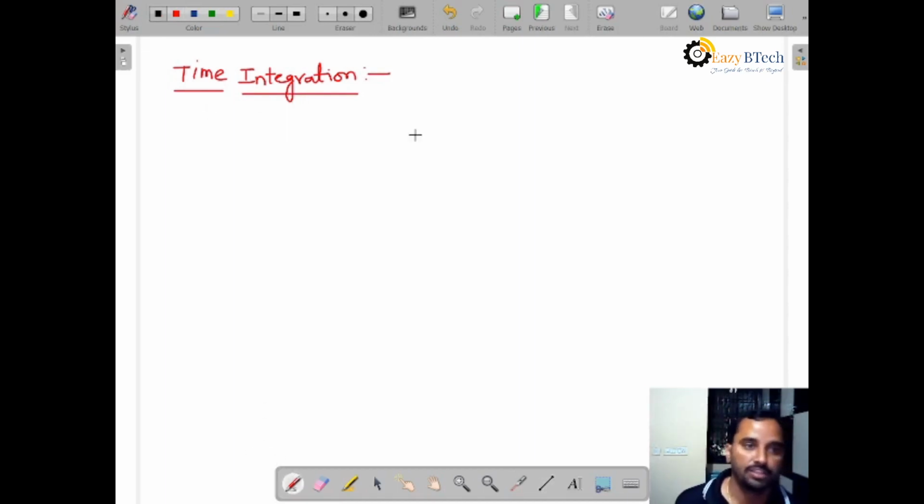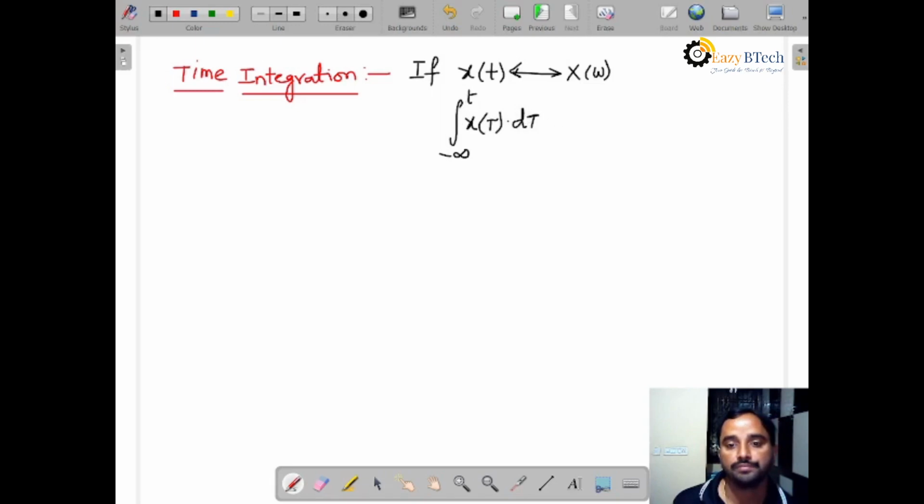If x of t has Fourier transform capital X of omega, then time integration means the integration of this x of t, the integral from minus infinity to t of x of tau d tau, will be X of omega into 1 by j omega plus pi del of omega.